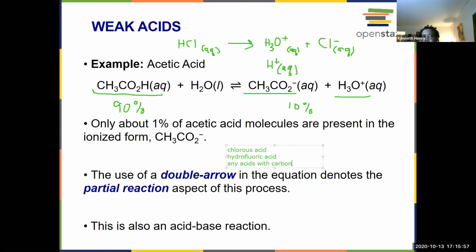So all of those are weak acids. When you're writing them and you see them with the double arrows, that's usually a sign that they're weak acids. And they exist in what we call equilibrium, meaning they come to a point where you have both your products and your reactants existing in the same solution. Whereas this one says you only have your products.